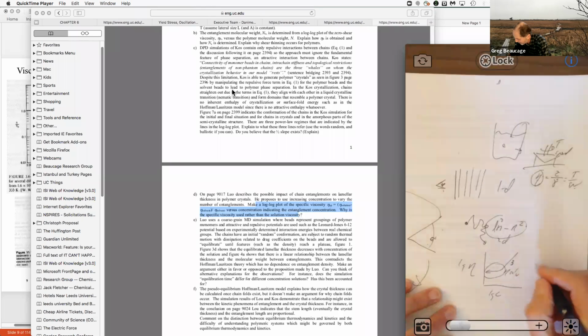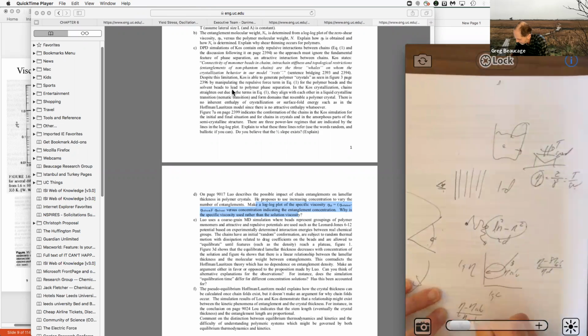So you need to subtract off the solvent viscosity, and then usually you normalize it by the solvent, so you can get this point.